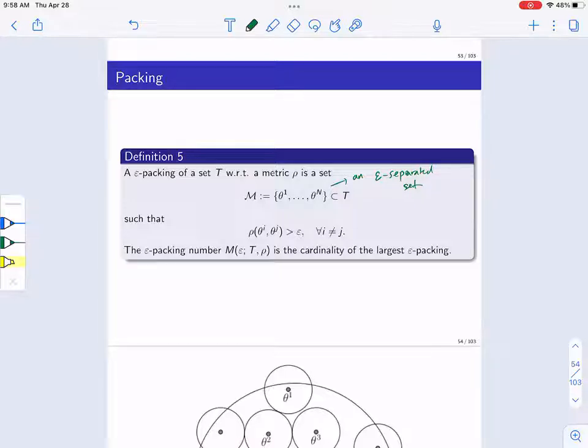So you can see it becomes harder to add more points. The cardinality of the maximum epsilon packing or epsilon separated set is called the epsilon packing number. So it's the largest.